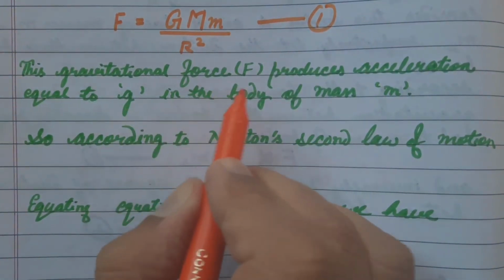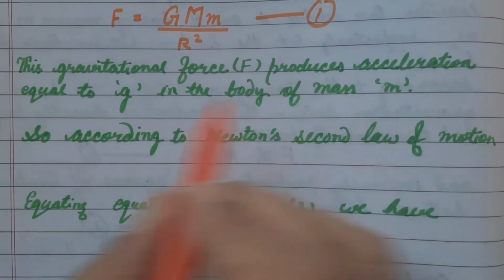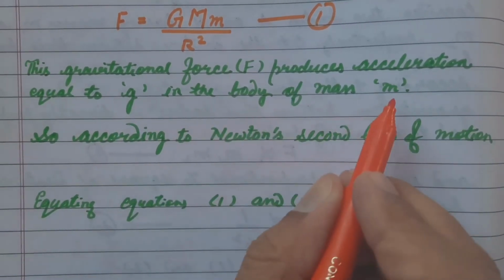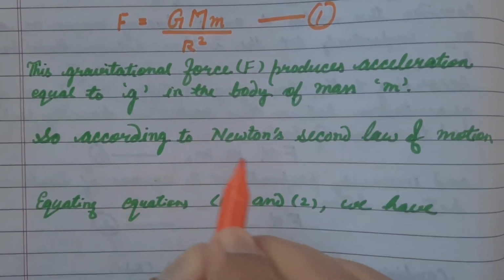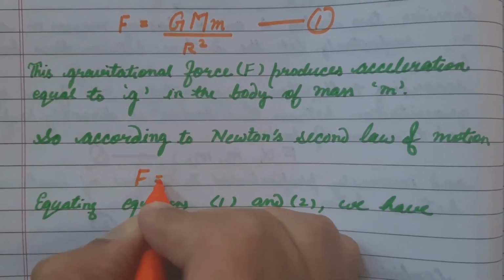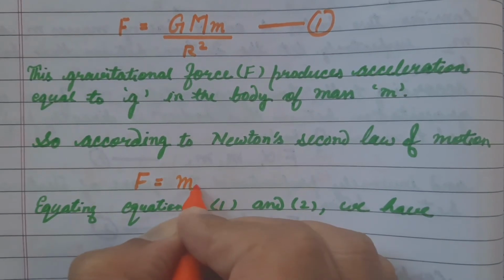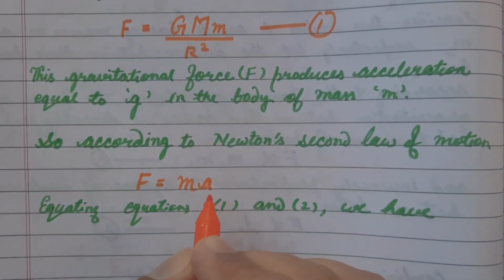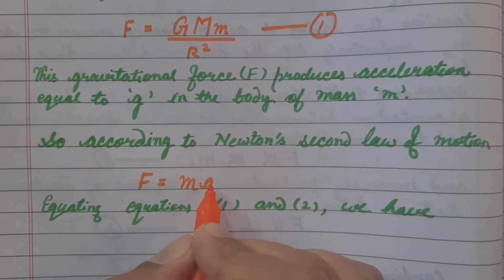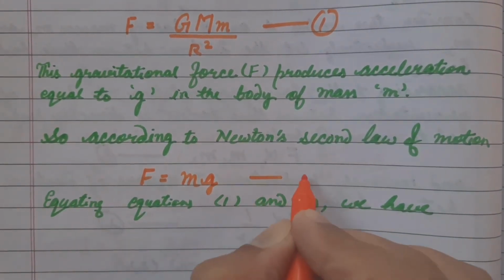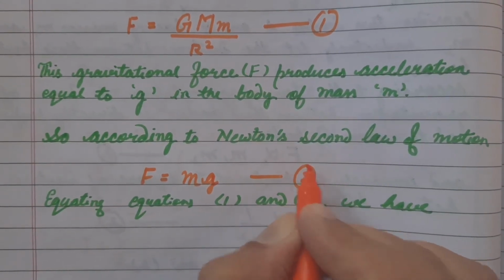This gravitational force F produces acceleration equal to g in the body of mass m. So according to Newton's second law of motion, F equals m a. But we have to replace this acceleration with the acceleration due to gravity here, so F equals m g. Suppose this is the second equation.